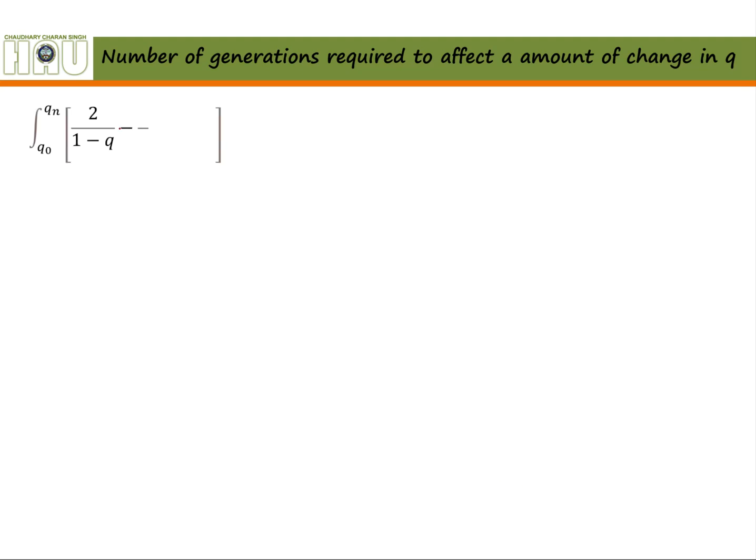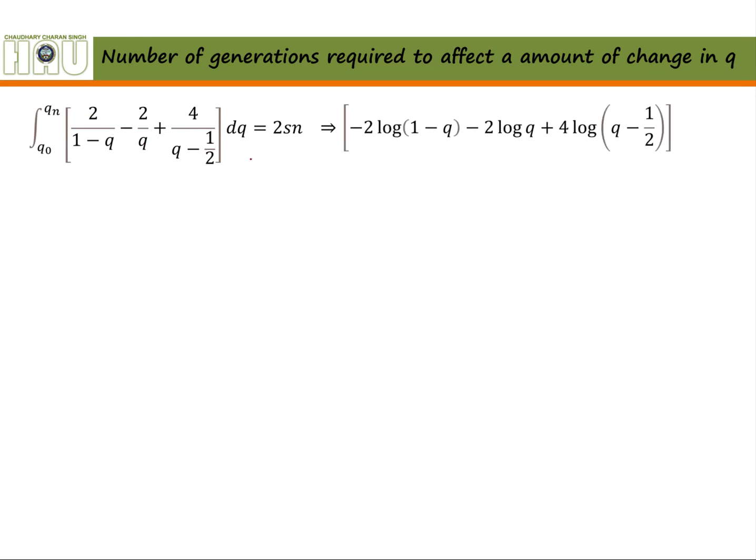It is like that. So if I substitute the limit from this part, I will get 2 log (1 minus q) and minus of this, because we have this coefficient, minus twice log q, plus 4 log (q minus half), in the range q0 to qn.